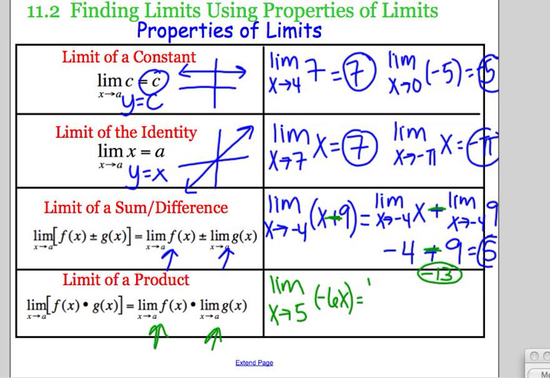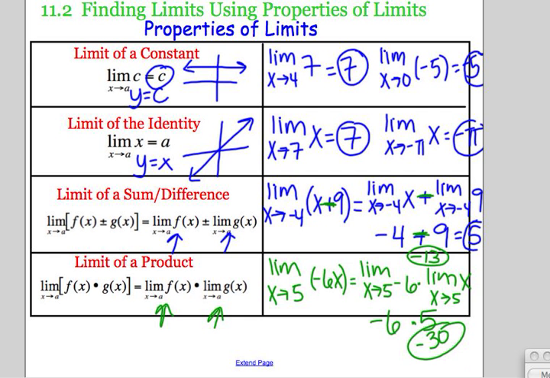I can rewrite this as the limit as x approaches 5 of negative 6 times the limit as x approaches 5 of x. The limit as x approaches 5 of negative 6 is just negative 6. The limit as x approaches 5 of x is 5, and negative 6 times 5 is negative 30.